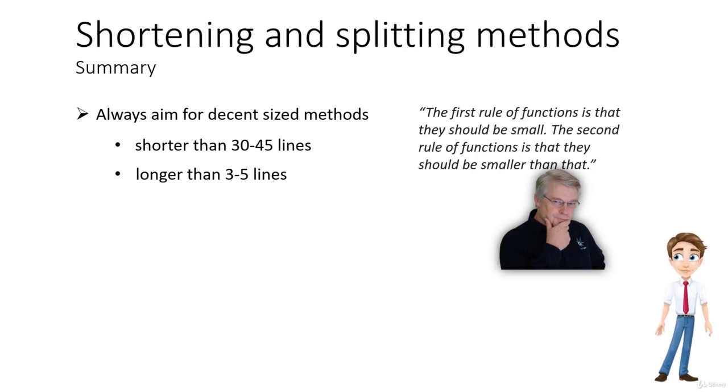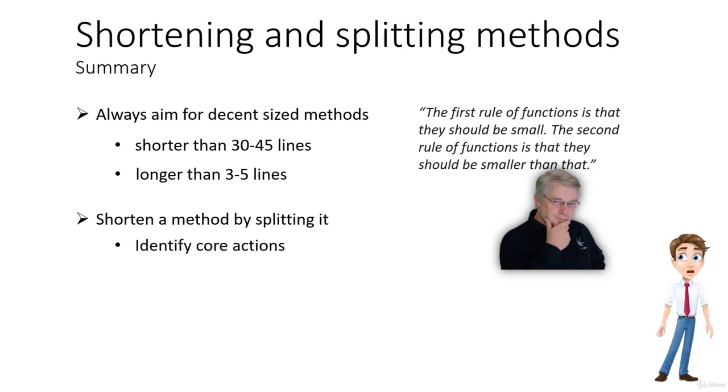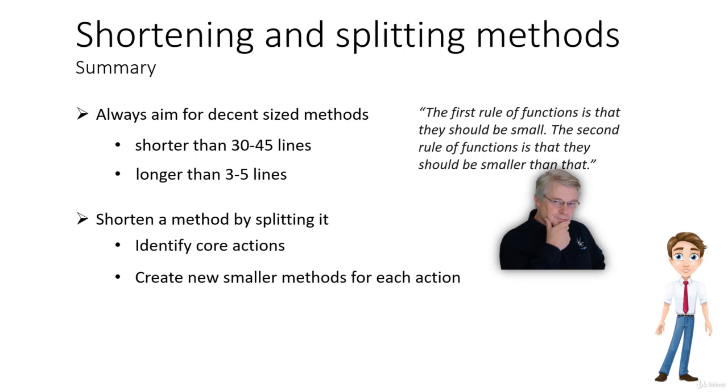Let's also review how we are going to do this. We shorten the method by splitting it into several smaller methods. First we identify the core actions of the big method, and see what it does. After identifying the actions, we create smaller methods for each action, so each smaller method does only one thing and does it well.